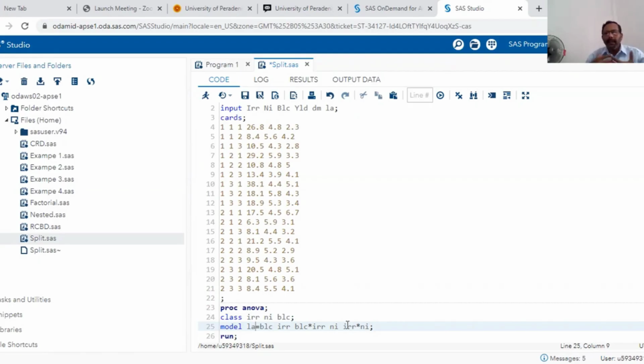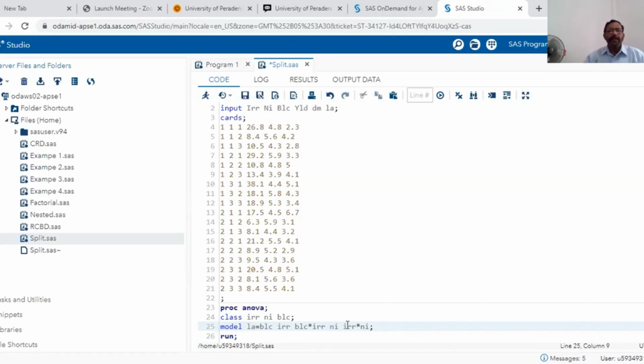But in one shot you can get it if you type yield, dry matter, leaf area. So it will take one ANOVA at a time, relating yield with the other components, leaf area with the other components, and dry matter with the other components. So that is also possible. You don't need to enter the data at different times.